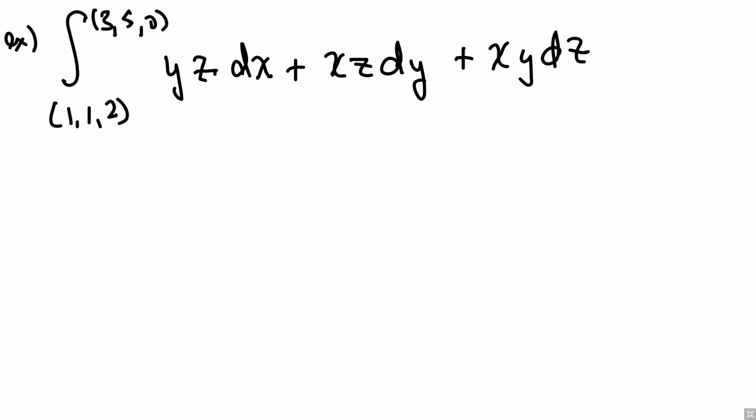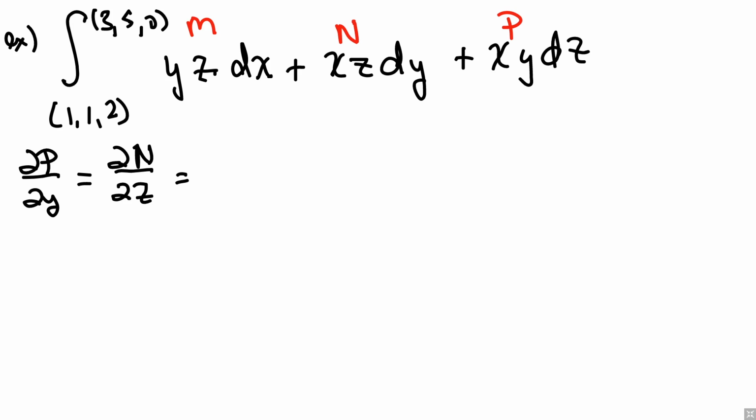Okay, so if we want to show that it's exact, keep in mind that showing it's exact is basically the same method as showing that it's conservative. So what we're going to do first is take a look at the partial of p with respect to y and show that that's equal to the partial of n with respect to z. So this would be your m, this is n, this is p.